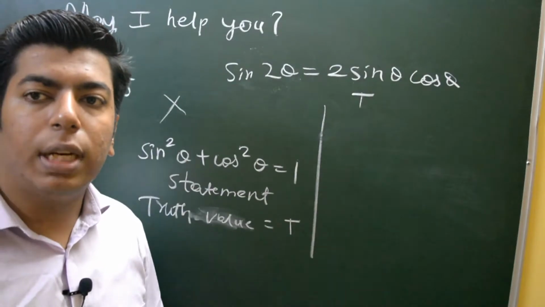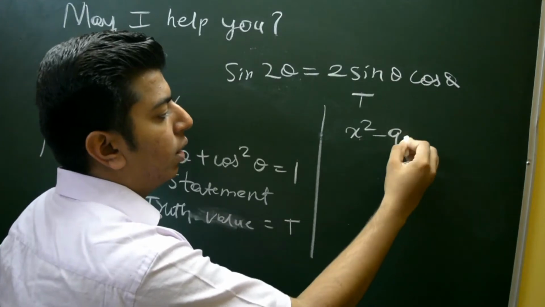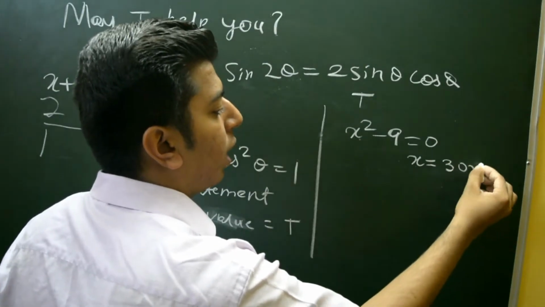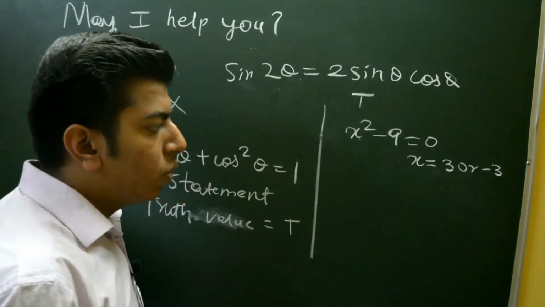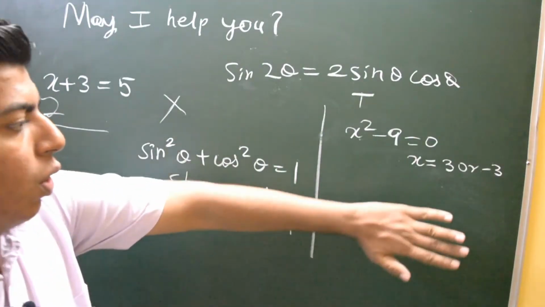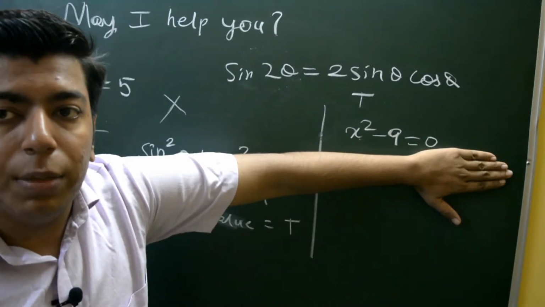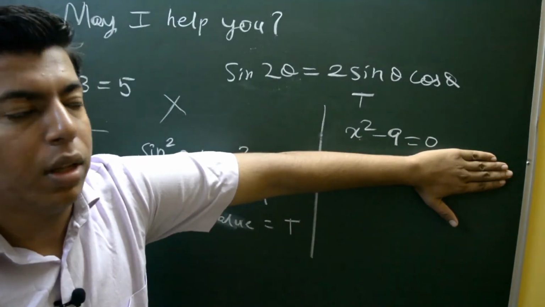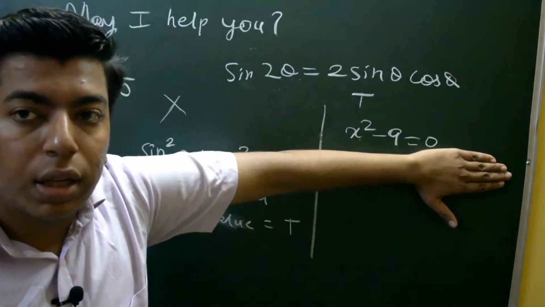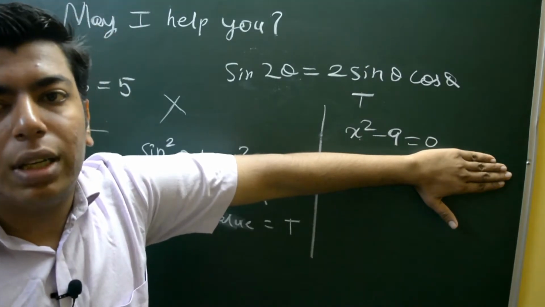We have one more statement for you: x square minus 9 equal to 0, where x is equal to 3 or x is equal to minus 3. Consider that x equal to 3 or minus 3 is not given to you. Then tell me whether it is a statement or not. It is not a statement, because it can be 0 and it can also not be 0. That means it can be true or it can be false.